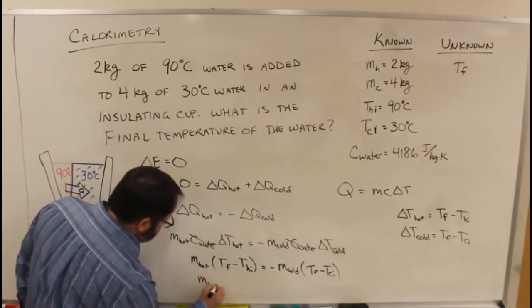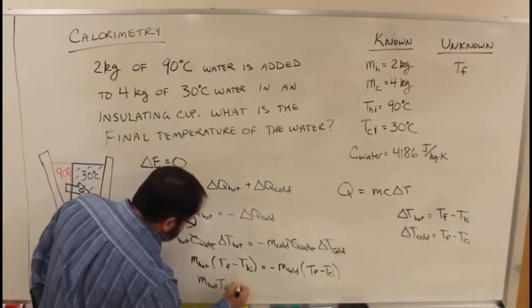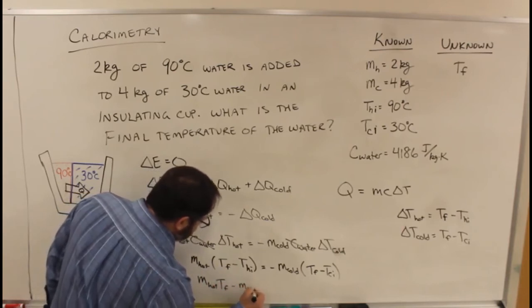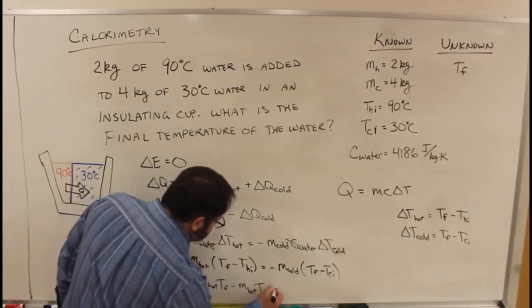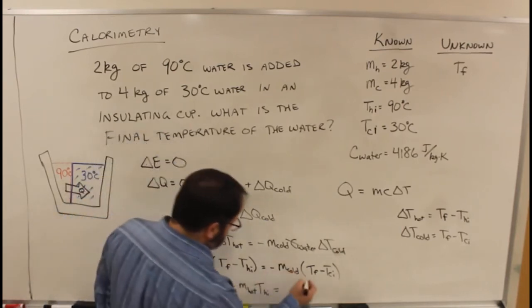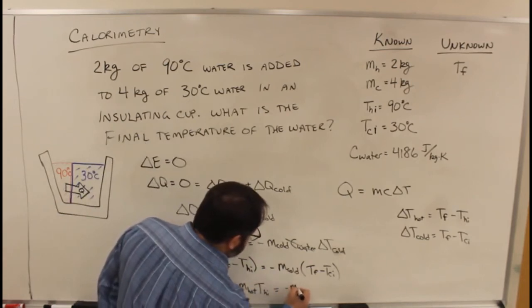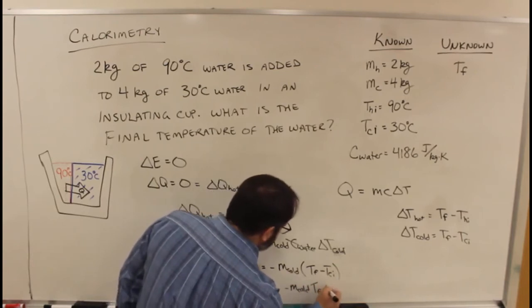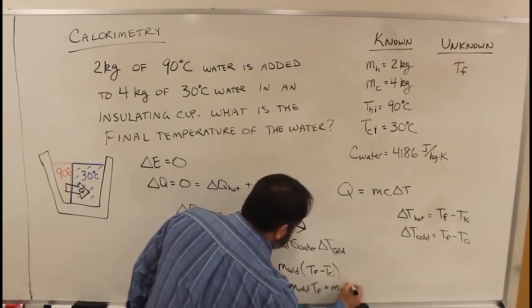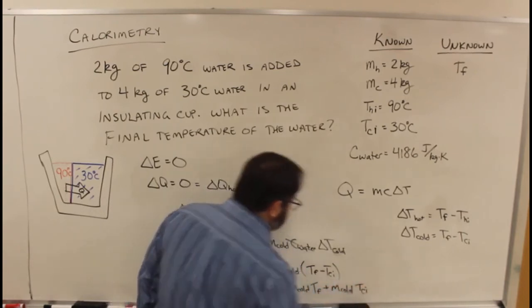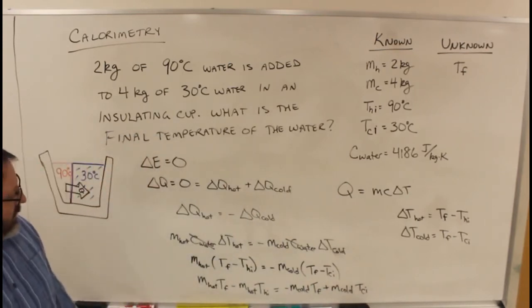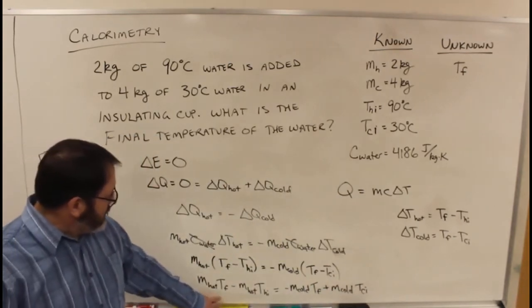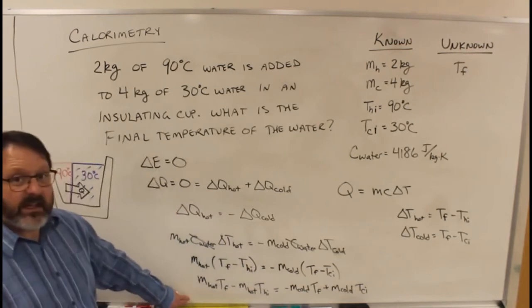So m hot T final minus m hot T hot initial equals minus m cold T final plus m cold T cold initial. Then we can rearrange this to put the T finals on the same side.